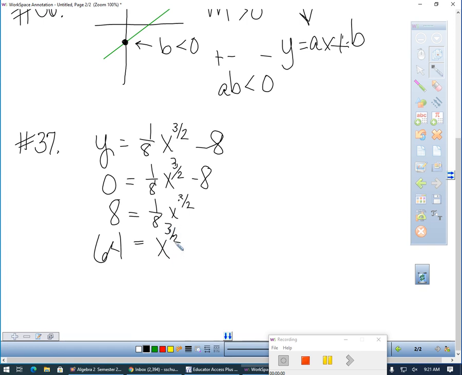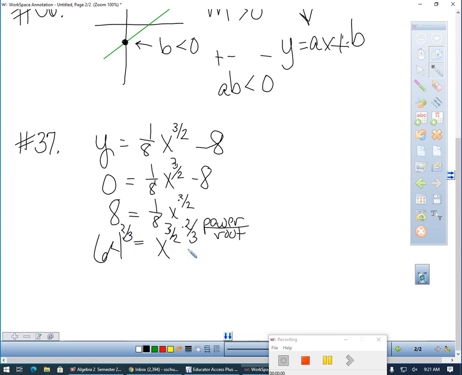All right. Now to get rid of the 3 halves, we've done it a couple different ways. Right? This is power over root. So really we can do the opposite of that and say we're going to do 2 over 3 to both sides. So really we're taking 64 to the second power inside a cube root.